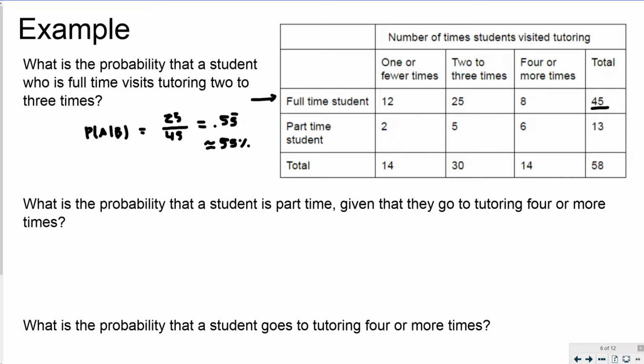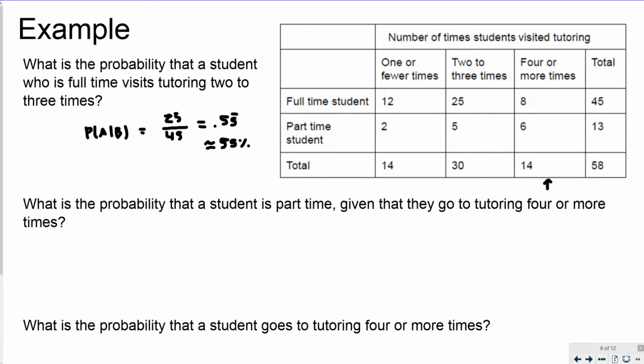What is the probability that a student is part-time given that they go to tutoring 4 or more times? I'm going to erase this. We are only going to examine this row because they go to tutoring 4 or more times, and we are asking what is the probability that a student is part-time given that they go 4 or more times. So we're restricting it to only 4 or more times.